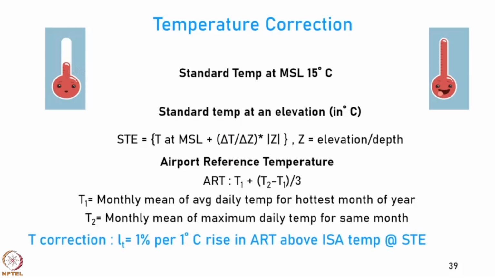Now, the guideline from ICAO is that the correction for the temperature should be a 1% increase in the runway length for every 1 degree centigrade rise in the ART above the ISA temperature at STE. Therefore, first you calculate the temperature at that altitude under ISA conditions, then you calculate ART, and for every 1 degree higher value of ART compared to the standard temperature expected under ISA, you have to add 1% to the runway length.